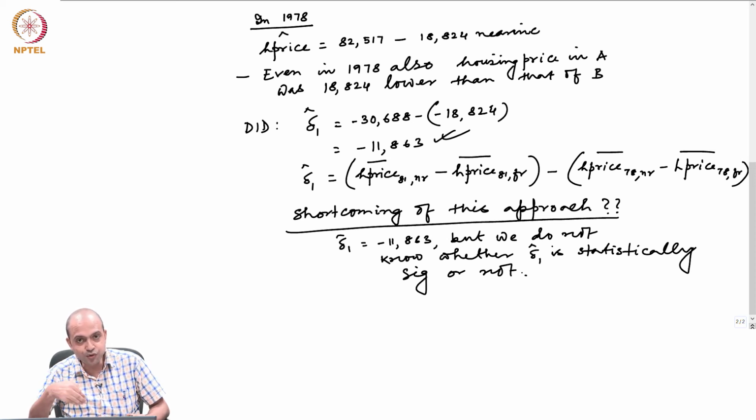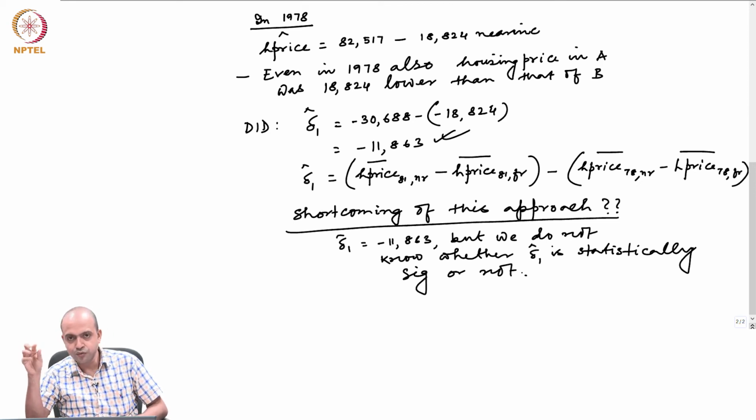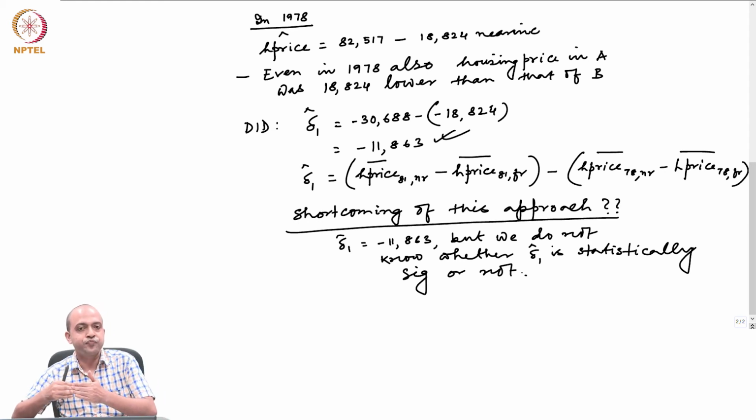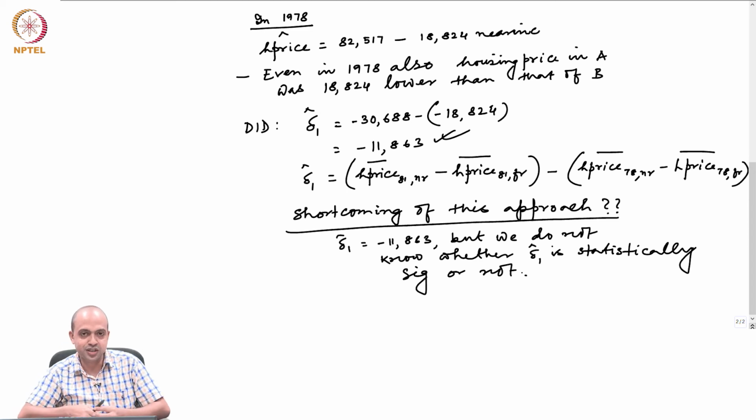So, we can assign one dummy for the year and another dummy, as we have already introduced, near INC, which will indicate whether the particular house for which we are collecting housing price data is located within 3 km radius of A or far away from A. Then you need to interact these two dummies, and that interaction term will give you the DID estimate.